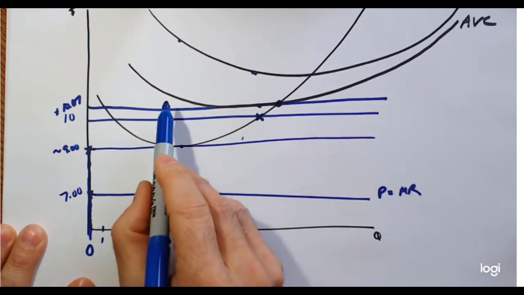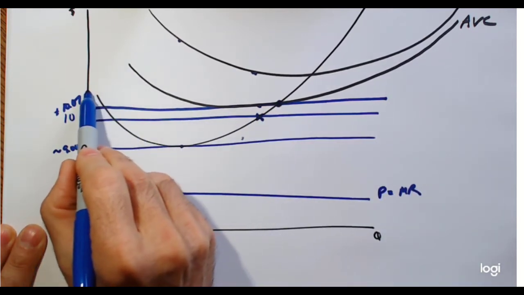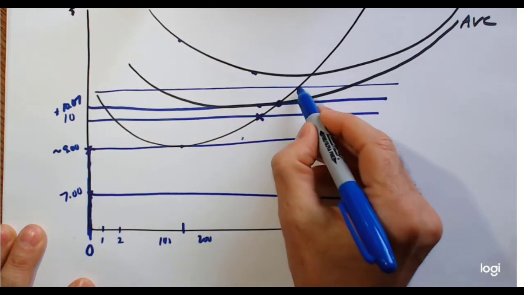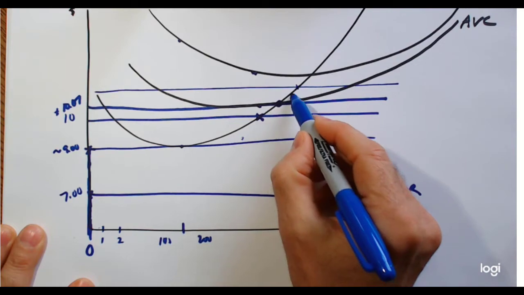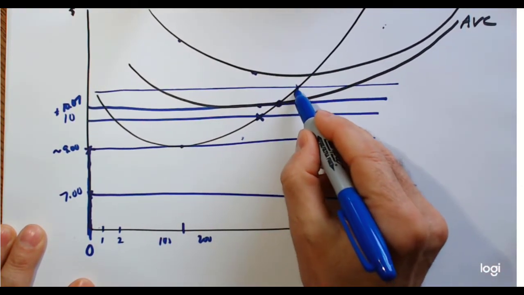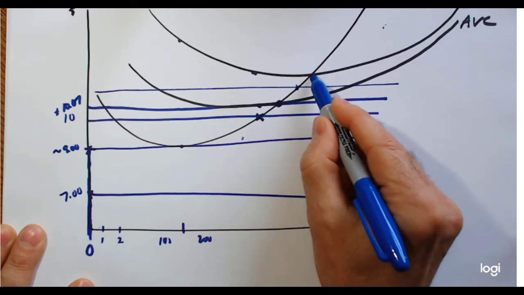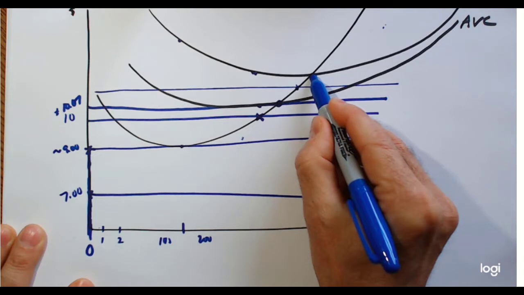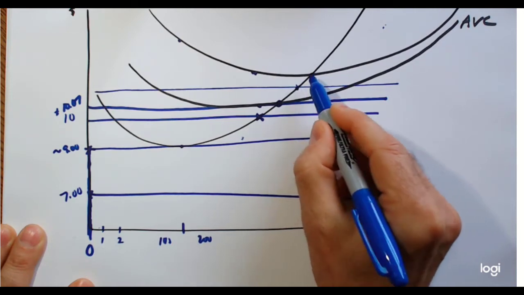Now, if the marketplace price was a bit higher, then if we were at this point right here, we're starting to cover our fixed costs. Remember, this spread is our fixed costs. We're covering some of our fixed costs, but we're still not covering all of them. We're not up here to the average total cost curve.